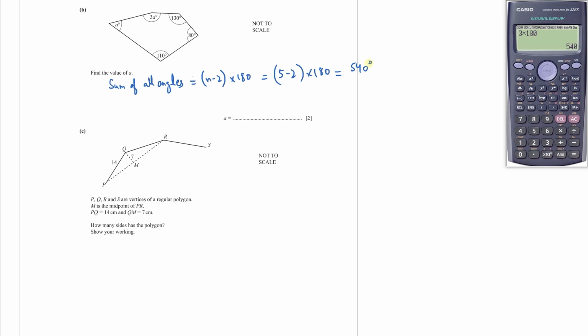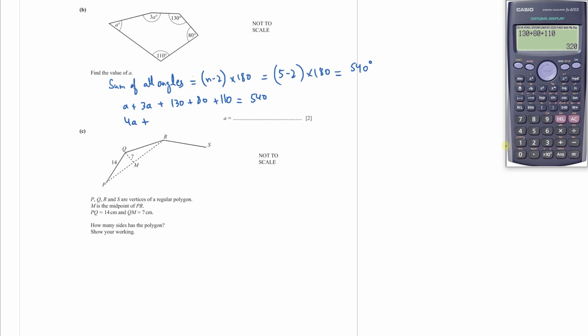So this is 540. And then we can add all these angles and their sum should be 540. So A plus 3A plus 130 plus 80 plus 110 should equal 540 degrees. So A plus 3A will be 4A plus, let's add these, 130 plus 80 plus 110.